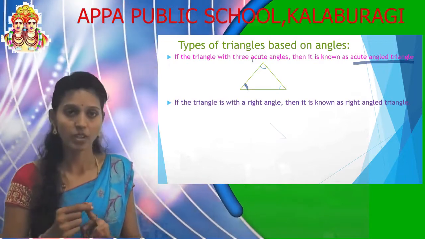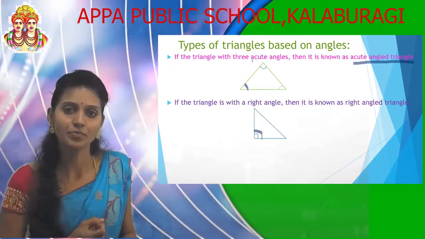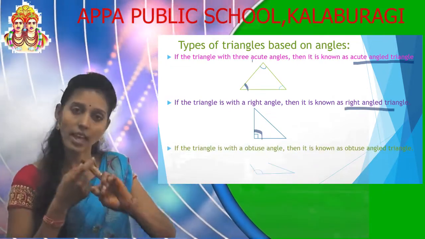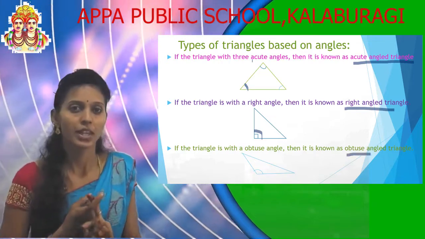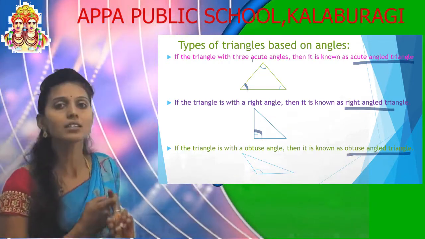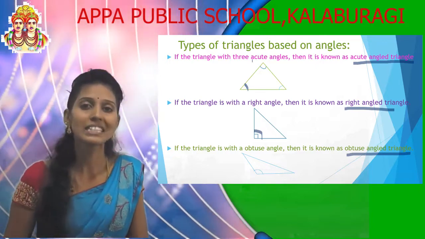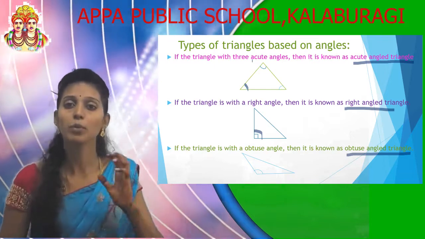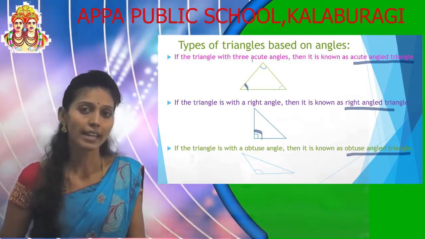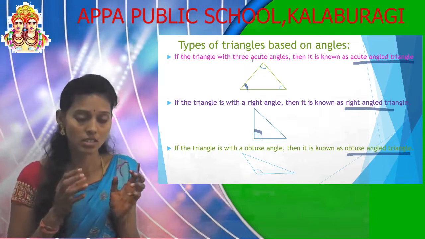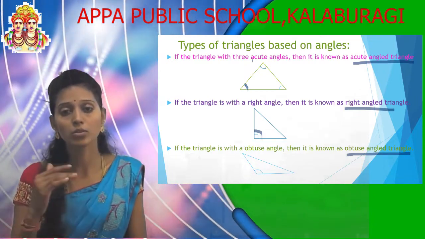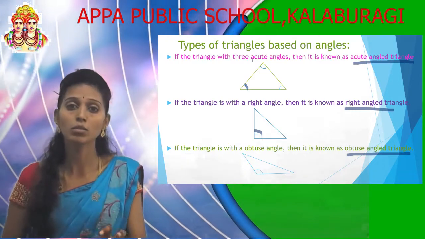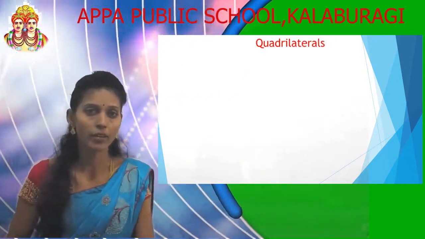If that one is a right angle, that is known as a right angled triangle. If that third one is obtuse, that is known as an obtuse angled triangle. You should know all these types of triangles because it's very important. You will still have to learn the properties of triangles in your higher classes. Triangles and quadrilaterals you are going to deal with in detail even in higher classes, but to get to know all those concepts, these are very important.